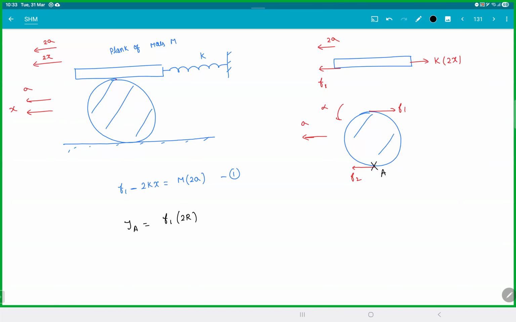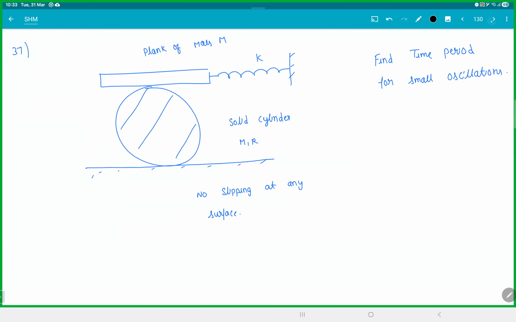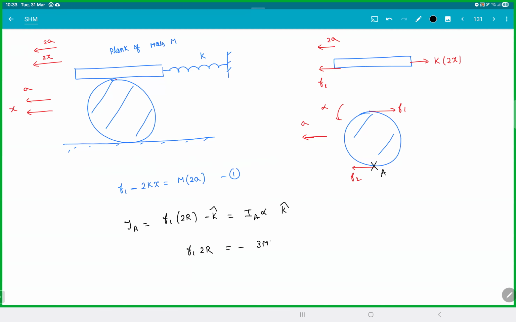F1's torque is this way, minus k cap, equal to I about A alpha. This is k cap, so directions are important. Till now we just used to put a minus sign, but be careful with the signs. So this is F1 into 2R with a minus sign. It's a solid cylinder, so I about A will be 3mr square by 2 alpha.